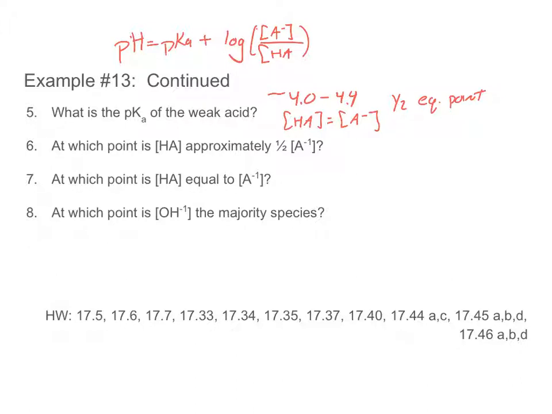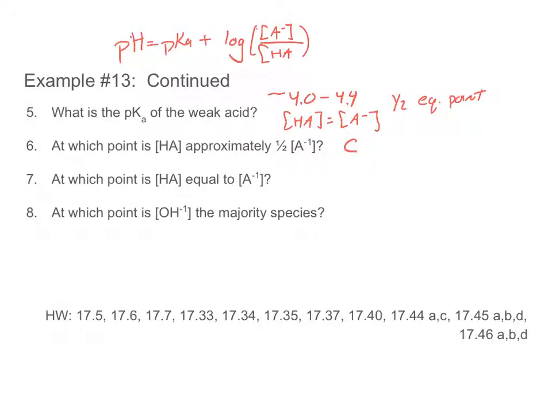Now, question 6, read it very carefully because it is worded a little trickily. At what point is the concentration of the weak acid approximately half of the concentration of the conjugate? I'm going to say that it's C. Think about it.